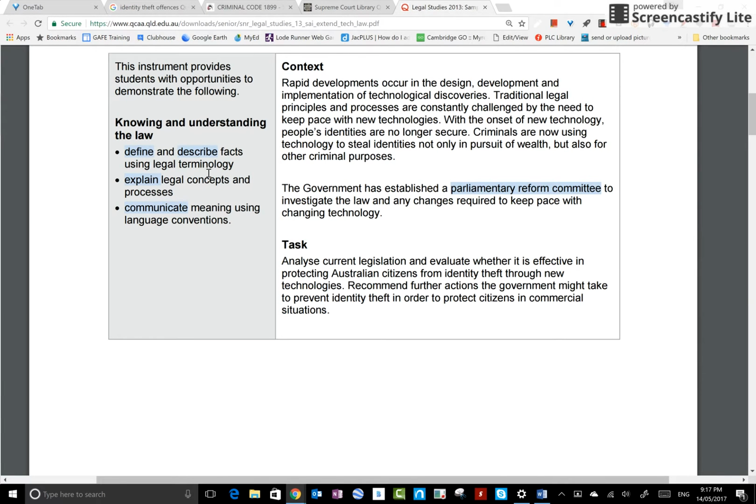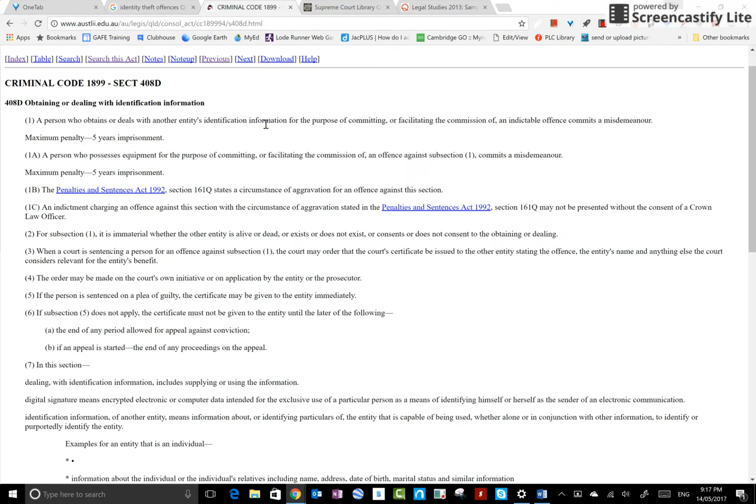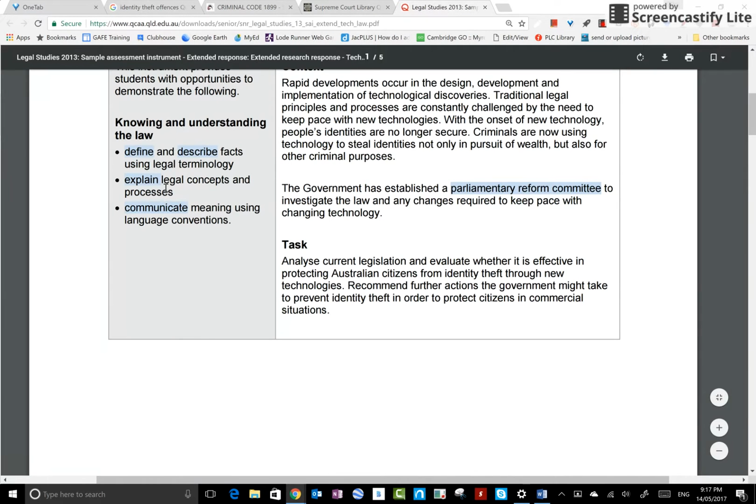So if we're looking at identity theft, effectively, we look in the Criminal Code of 1899 for Queensland, Section 408D, obtaining or dealing with identification information. Really, what I would like to know is what are those facts about the legal terminology, the definition of those, and the legal concepts and processes.